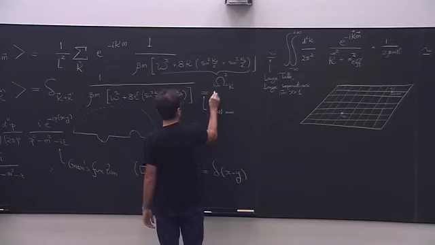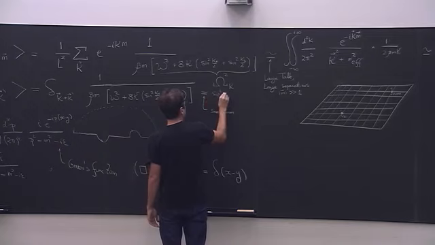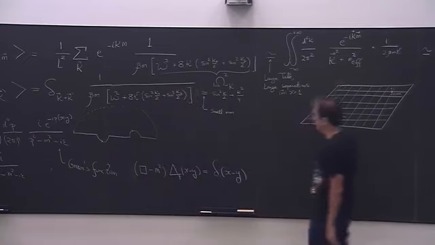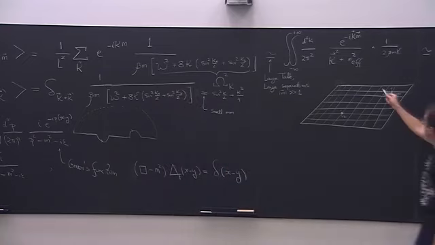Here I just expand out sine squared of k over 2 and replace it by k squared over 4. So it's the same business, basically this.